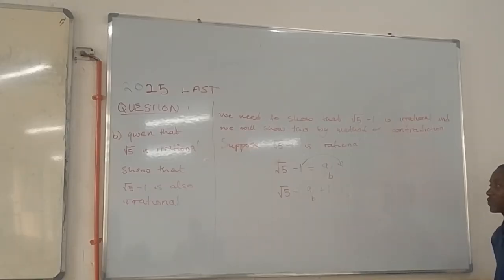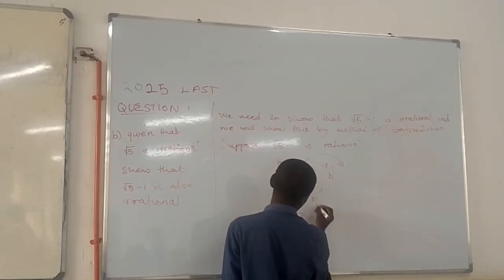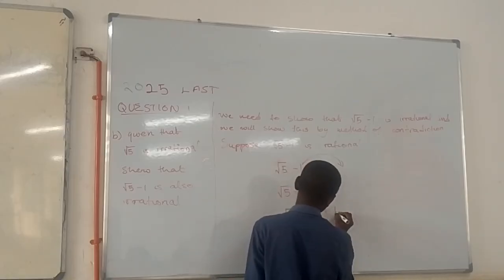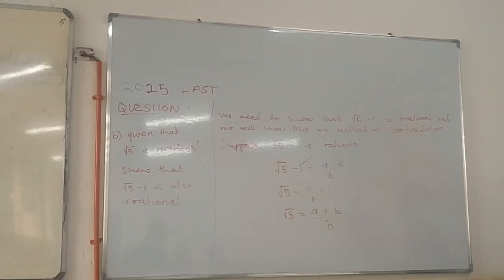A over b plus 1. This is a plus b over b, right? You know what I've done here?